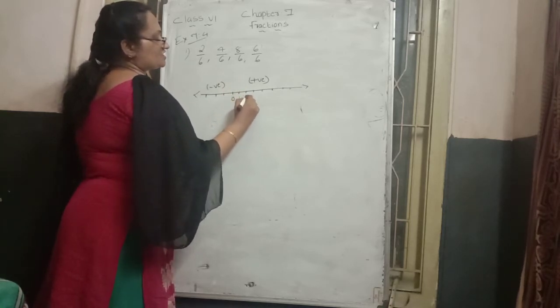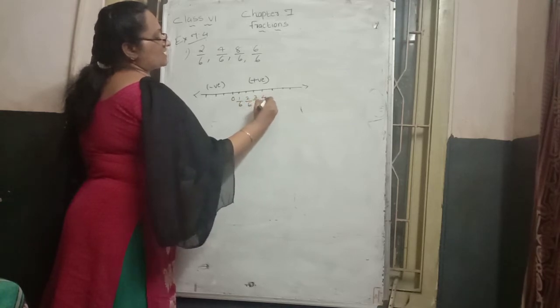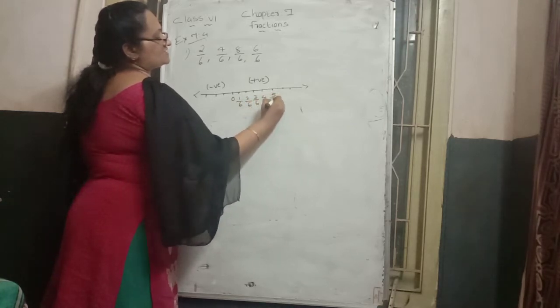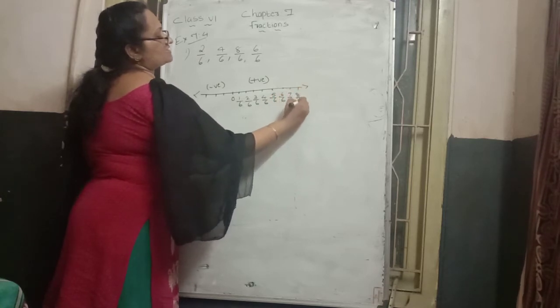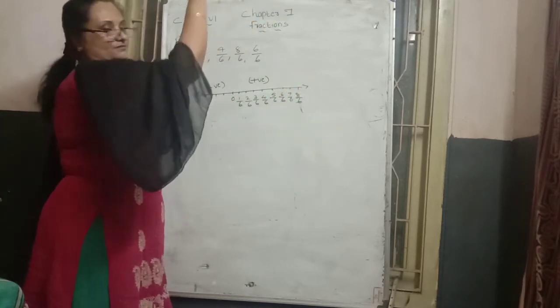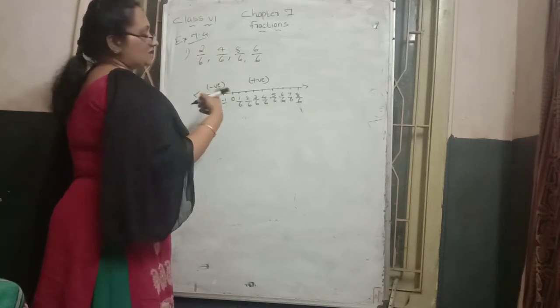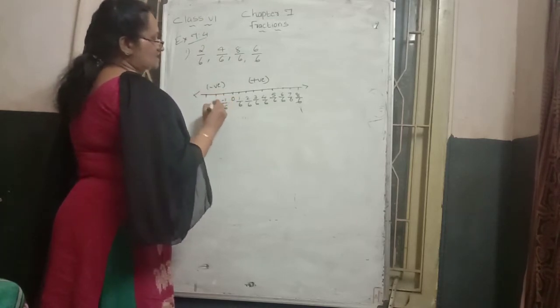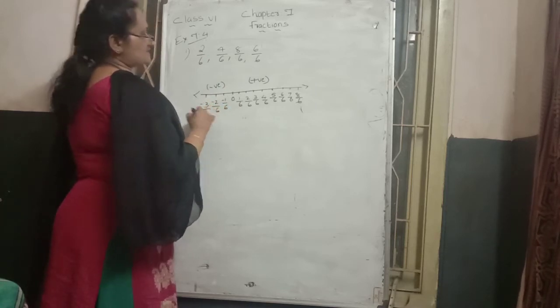Next, 1 centimeter on, place 2 by 6, next 3 by 6, 4 by 6, 5 by 6, 6 by 6, 7 by 6, next 8 by 6. These go on infinitely. On the left side, minus 1 is on the left, but here fraction-wise we write minus 1 by 6, minus 2 by 6, minus 3 by 6, and so on.